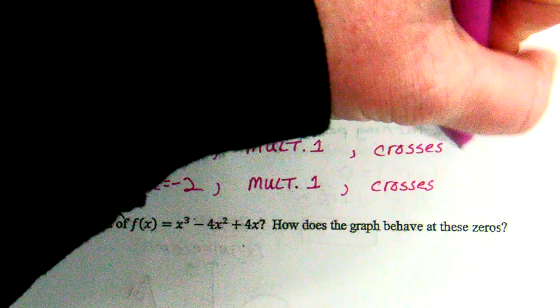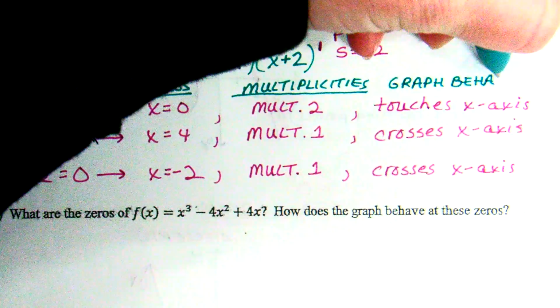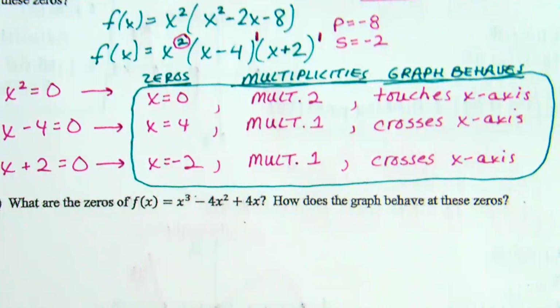It's going to touch the x-axis. And that's all because of even versus odd multiplicity. That's what I'm looking at when it asks how the graph behaves. So this whole box that I set up here is essentially your answers: the zeros, the multiplicities being the powers, and how the graph behaves, whether your multiplicity is even or odd. And that's up in the directions, right?